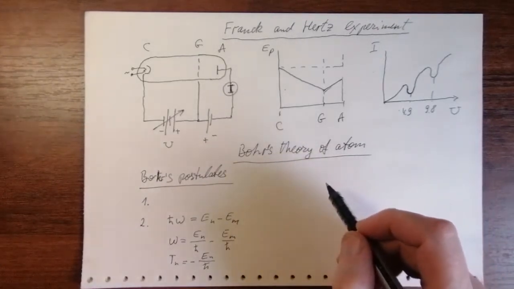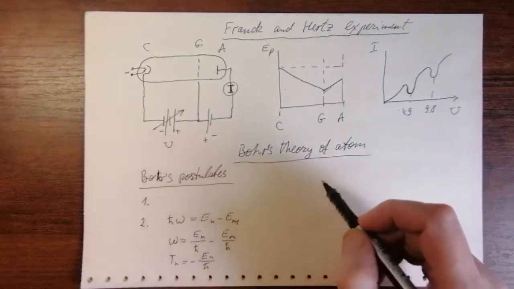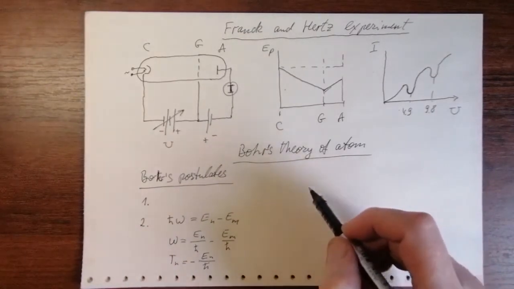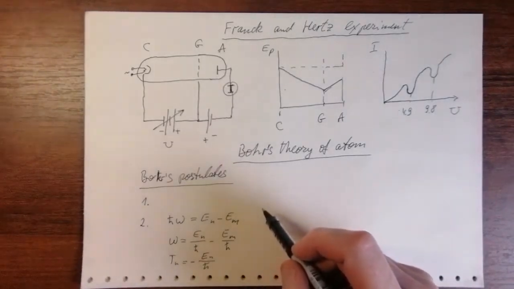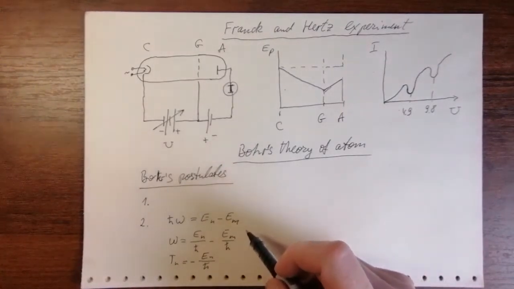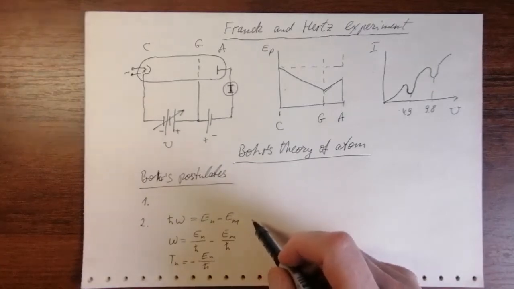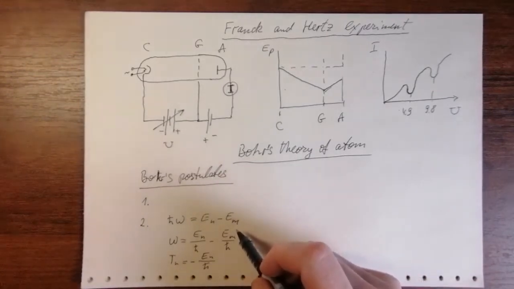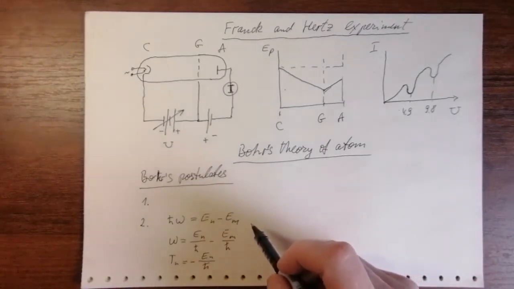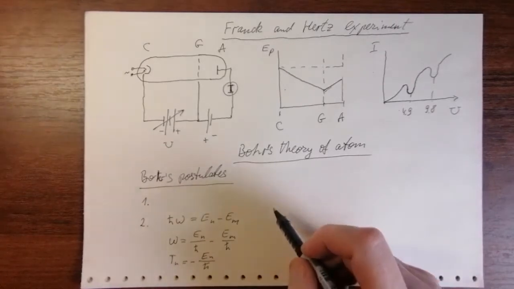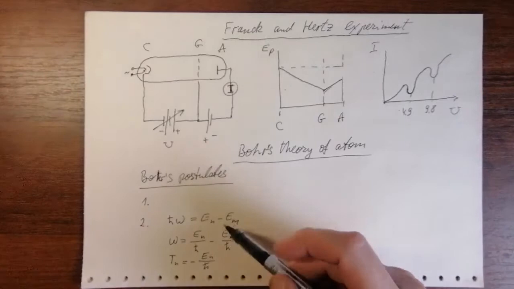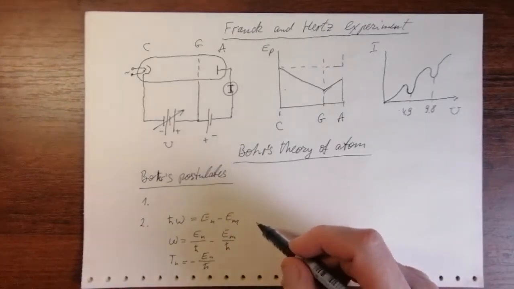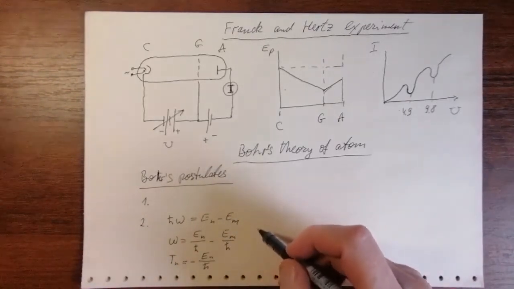On the other hand, it introduces some postulates unsuitable from the point of view of classical physics: movement with acceleration without emission of electromagnetic radiation. Well, from these postulates, it is easy to construct such an atom.